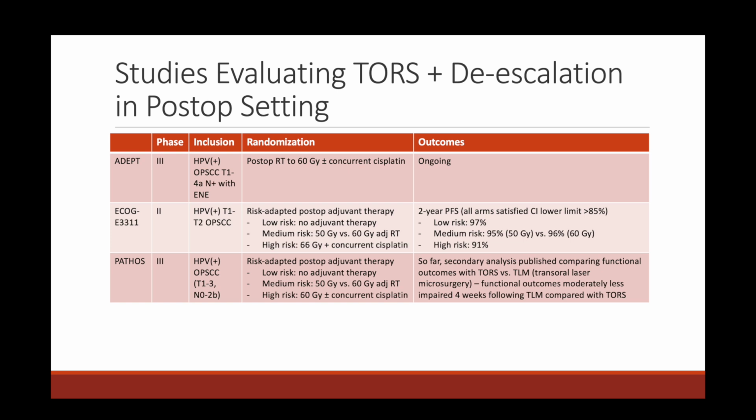So far, they just have a secondary analysis published comparing two different surgical styles, TORS versus transoral laser microsurgery. And they found less impaired functional outcomes 4 weeks after the laser microsurgery. But we're still awaiting their primary endpoints here. So this is just an overview of some of the ongoing and recently published studies.